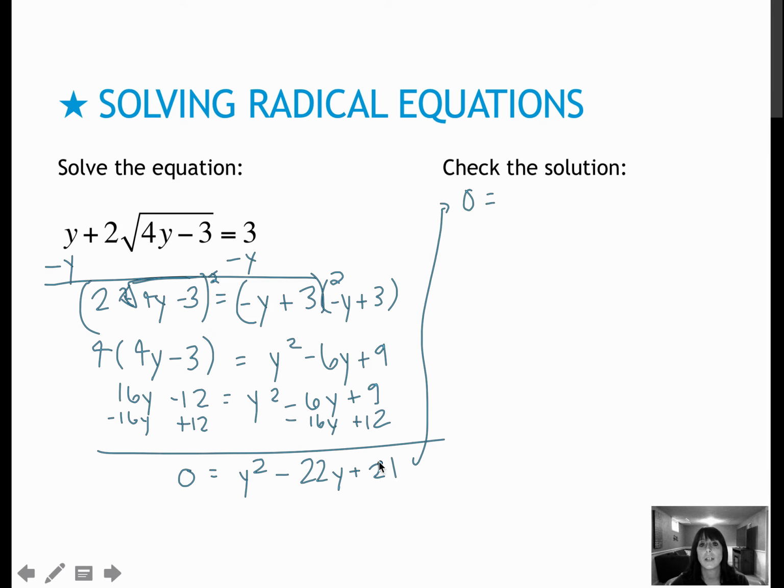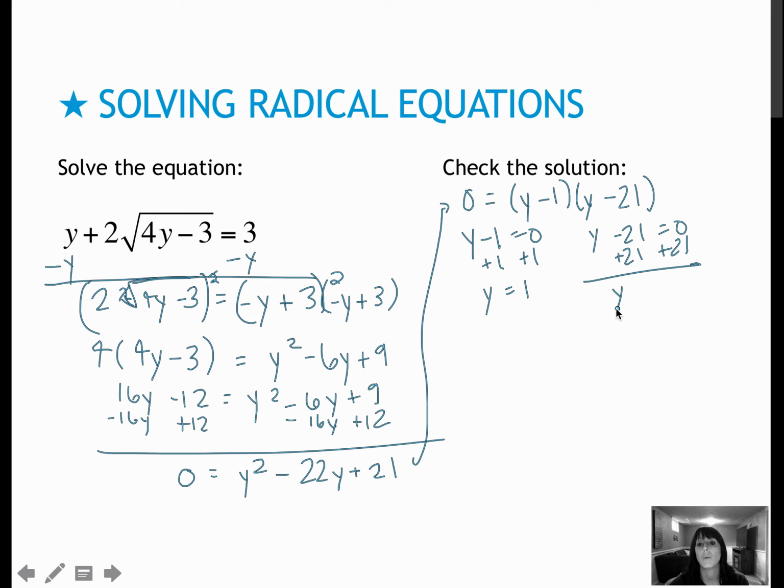I'm going to factor into terms that multiply to 21 and add to negative 22, which would of course be negative 1 and negative 21. Those would multiply to a positive but add to negative 22. Setting each of those equal to 0, I would end up with y equals 1. And of course, adding 21, I would get y equals 21.